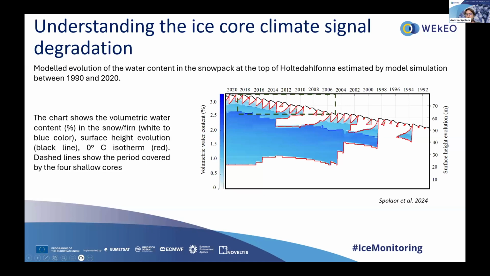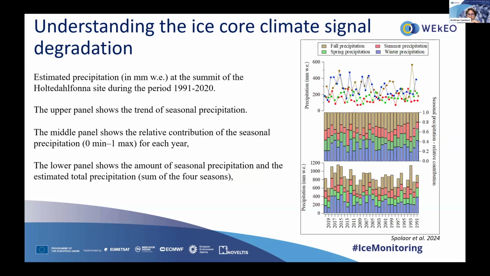We can see that, moving closer to the recent period, the isotherm, the 0 degree temperature, goes deeper, with an associated increase of water percolation, essentially the blue color, into the depth of the glacier. So this modeling helps to support the observations that we had.